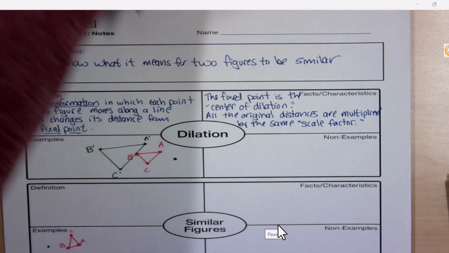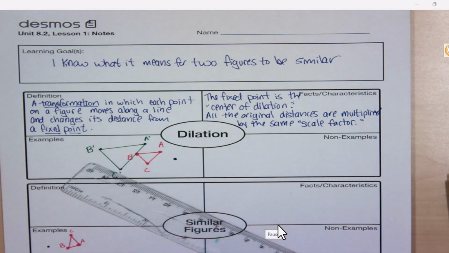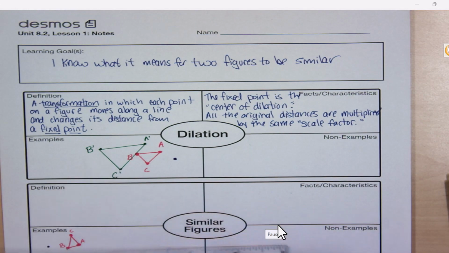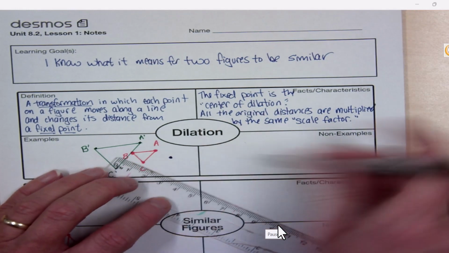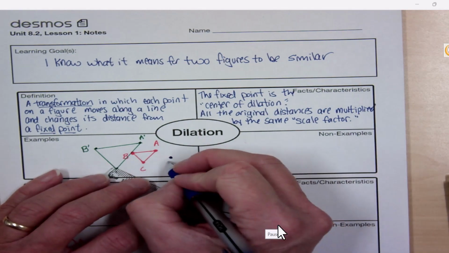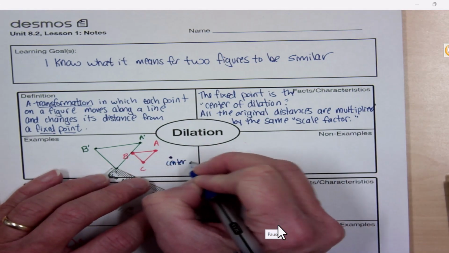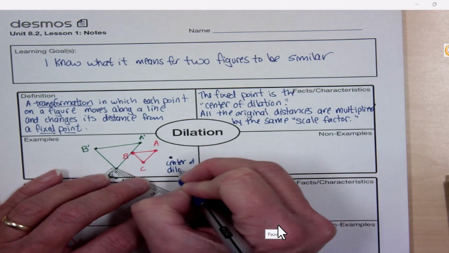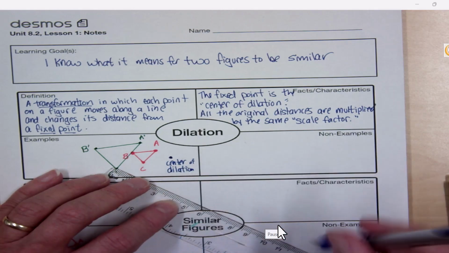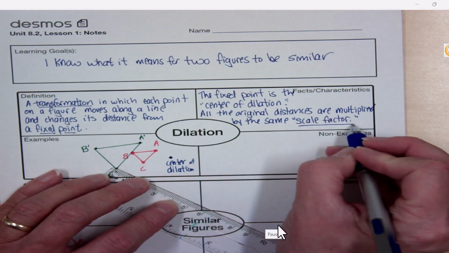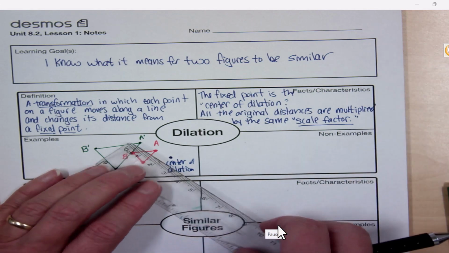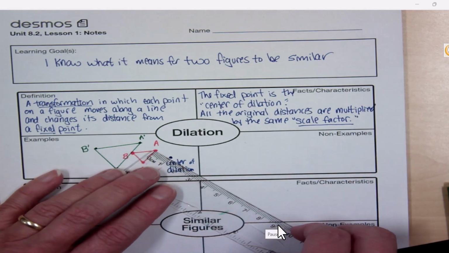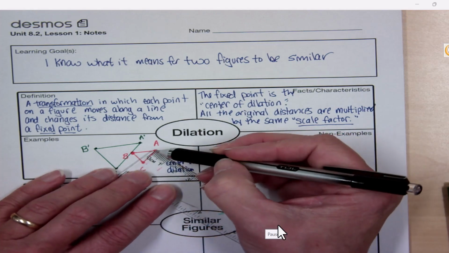So maybe you noticed me doing this. I'm going to draw some little dashed lines. So here's my center of dilation. And that scale factor for these two figures is 2, because I'm doubling the distance from the center of dilation to the original vertex.